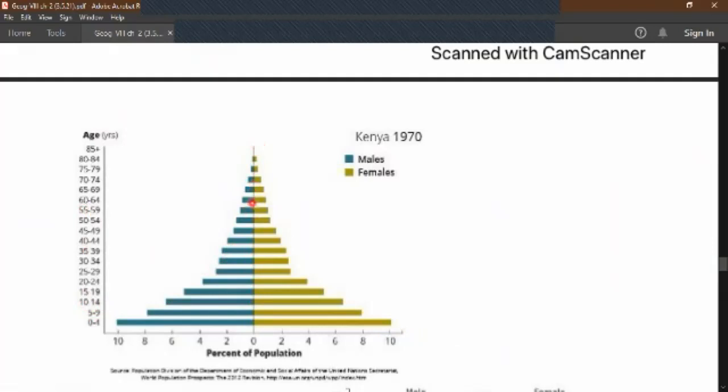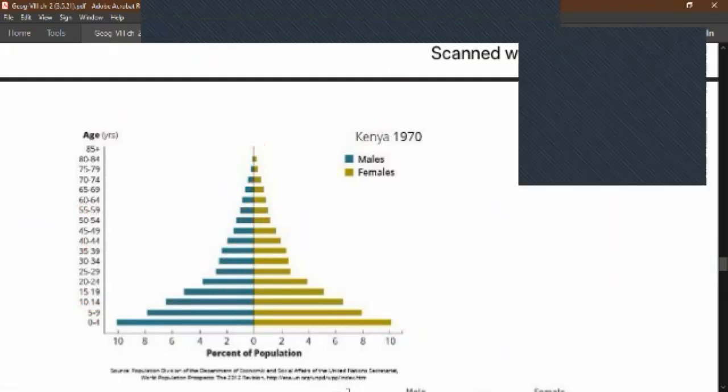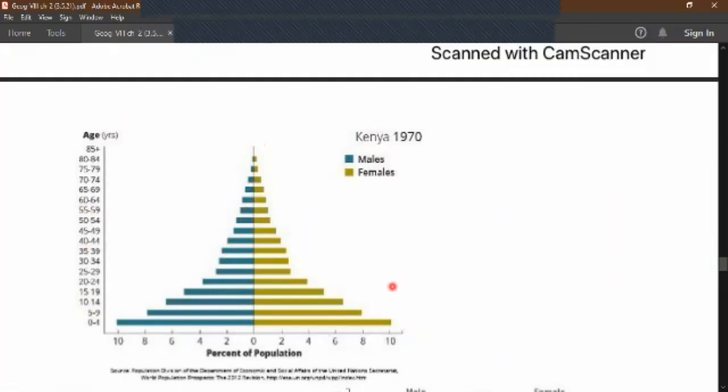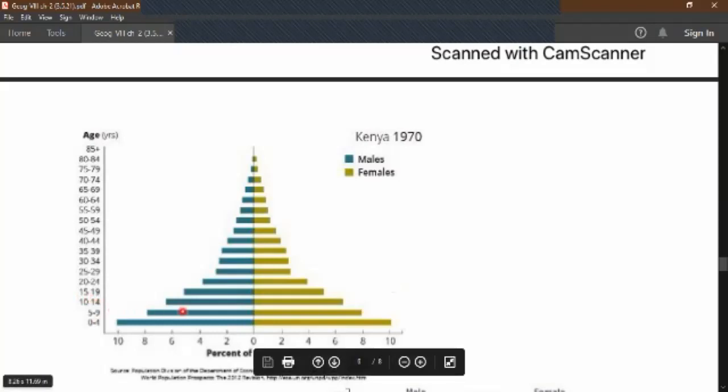As you can see, on the left side is the male population, and on the right side the female population. There are two groups of dependents: young, below 15 years of age, and elderly.